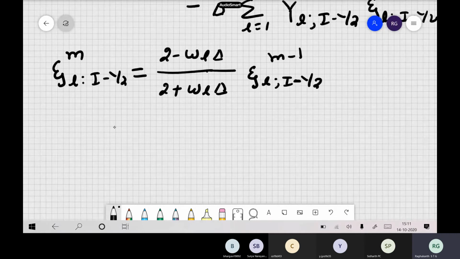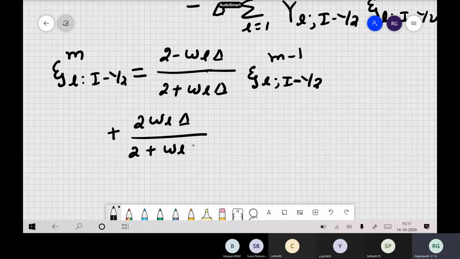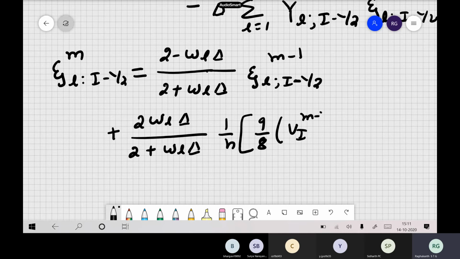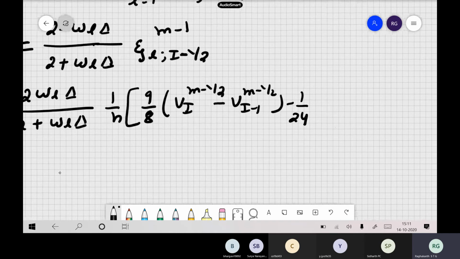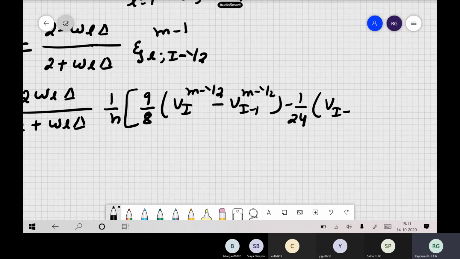Plus you have another expression, 2 omega L into delta, 1 by h, 9 by 8, vi m minus half, vi minus 1 m minus half, minus 1 by 24, vi plus 1 m minus half minus vm minus half, i minus 2.